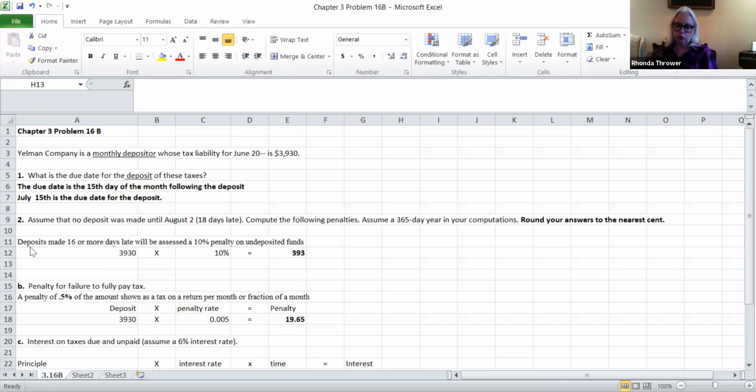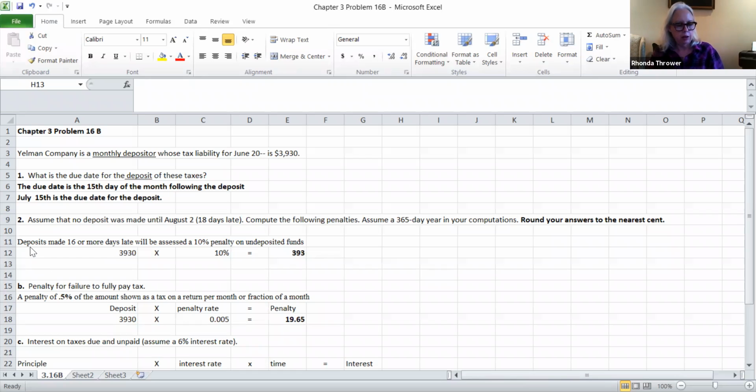If you'll bear with me just a second, I didn't have my textbook opened to that point in time, but let me get on that page so you'll know where to look. And it's over on page 332.